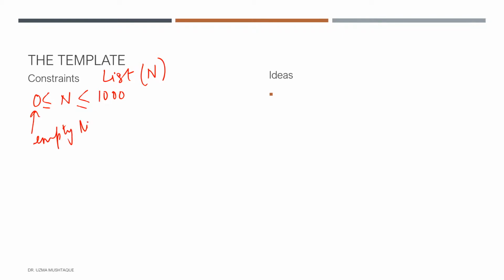So my next question to the interviewer would be: if it's an empty list, what should be my output? Let's say the output should be -1. That's my corner case, right? So I know that I can have an empty list. Also, the other thing is, okay, this is all about constraints. We can come back to constraints once we start with the ideas.